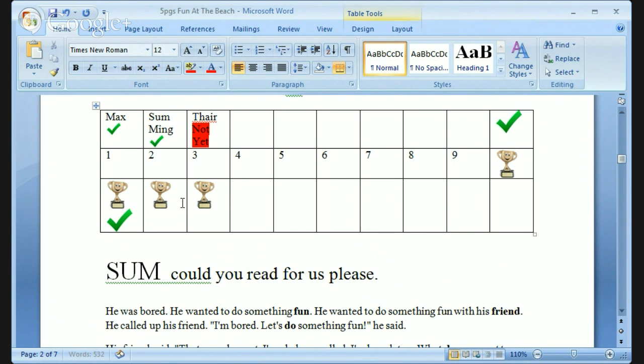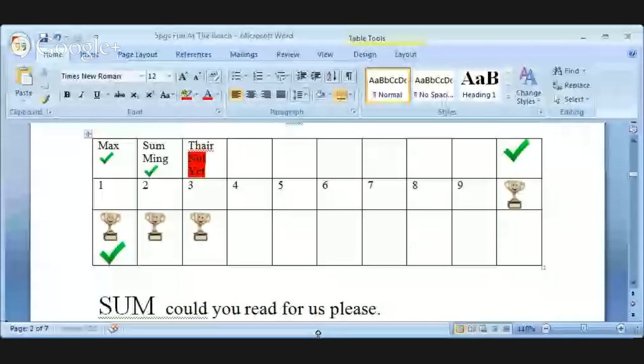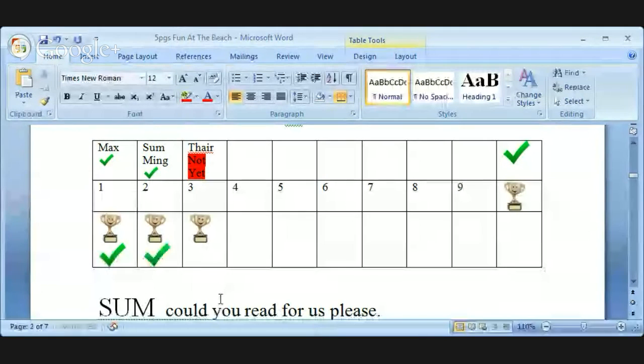Sung Ming, do you think that you understand this story 80% or 100% now? Sung Ming, are you here? Yes, 100%. Okay, that is correct. I would agree. Thar, do you think that you understand this story 80% or 100%? Yes, maybe 80%. Okay, we're going to go with 80%.